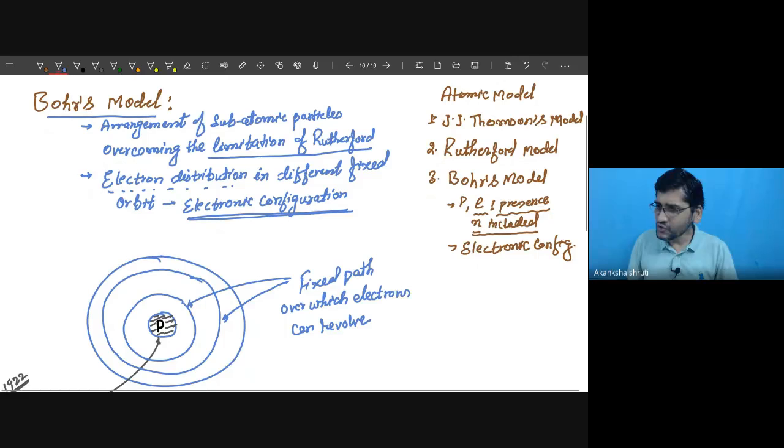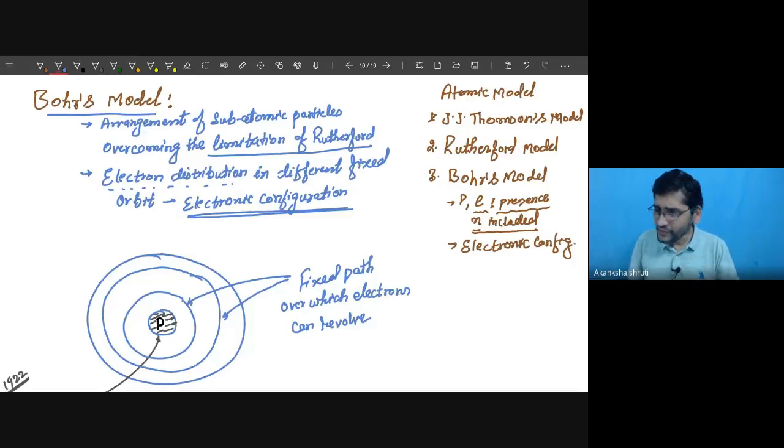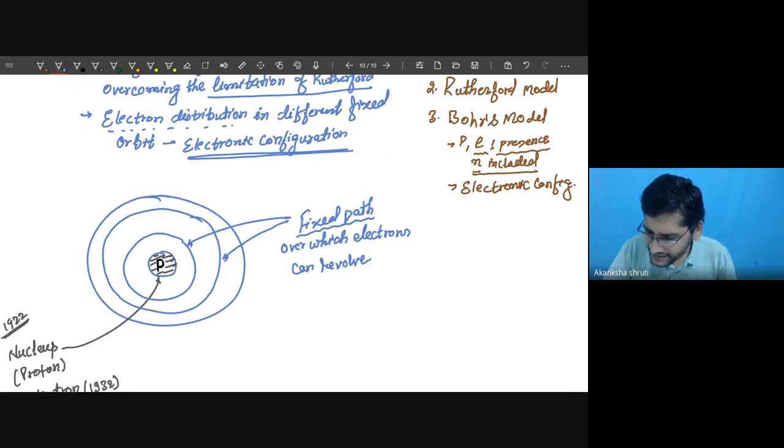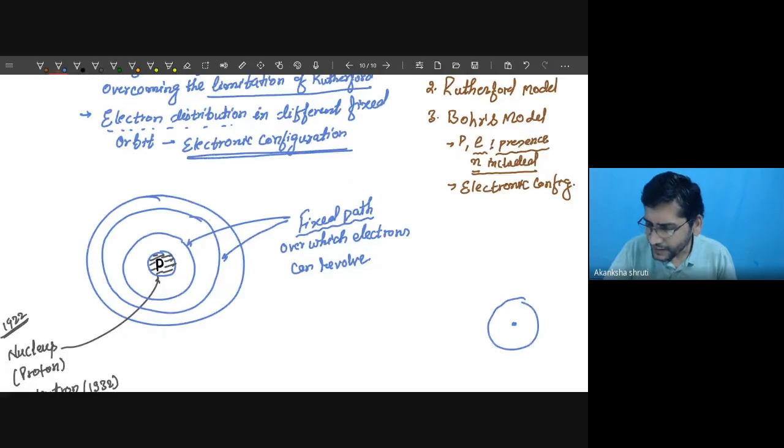Students, it is very important to understand what we mean by this fixed path over which the electrons can revolve. When we say a fixed path, it means a circular path that is identified by its radius. Say this is a point from which there is a fixed path; how can it be identified?